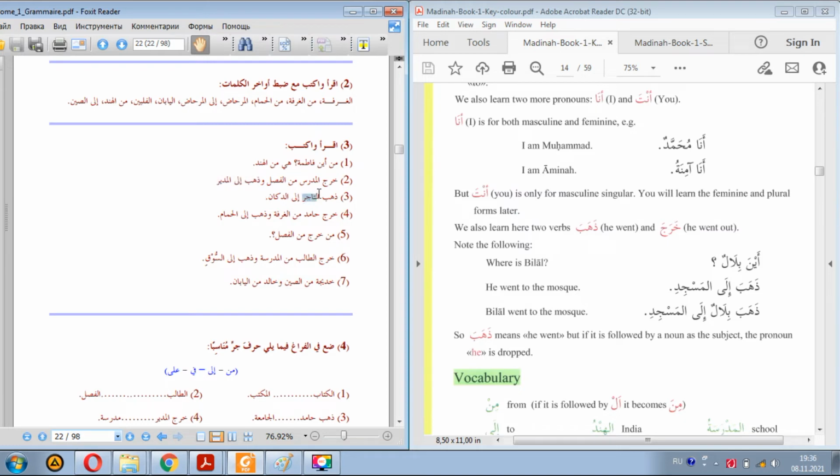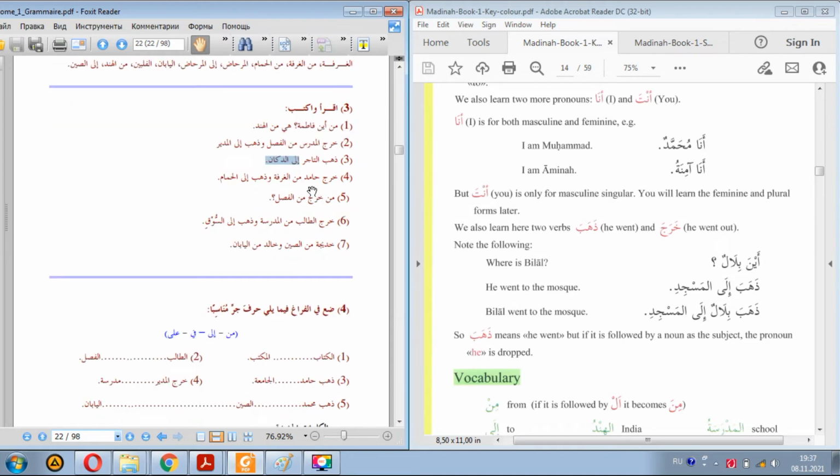The merchant went to the store. خرج حامد من الغرفة وذهب إلى الحمام. Hamid went out from the room and went to the bathroom.